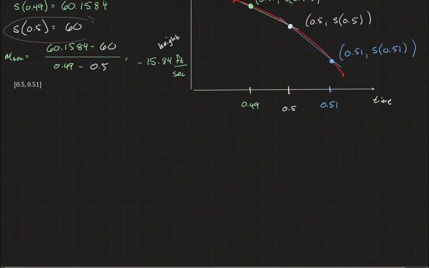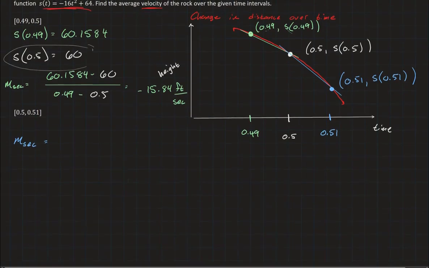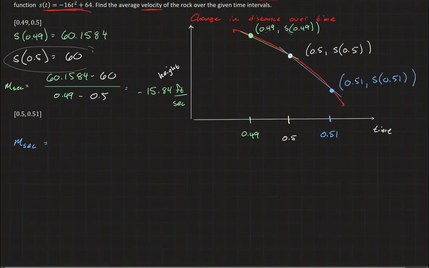Let's do the same thing for this time interval. The slope of this secant line, or the slope of the line that connects these 2 points, I'm going to do the same thing. I'm sorry, I forgot to evaluate the function first. I need to evaluate s of 0.51.